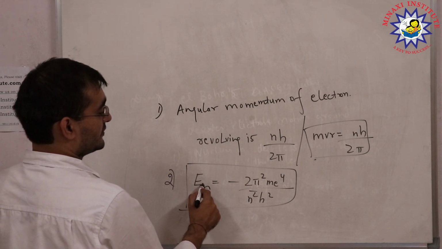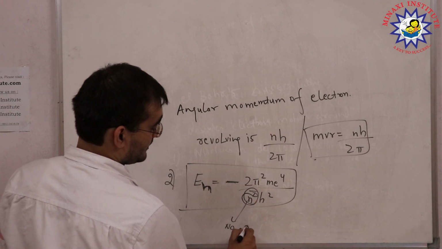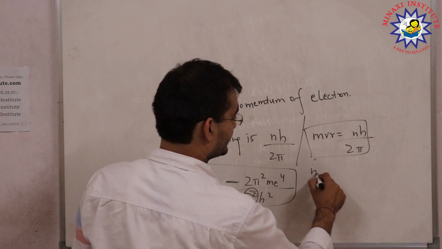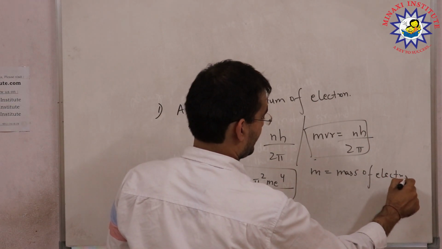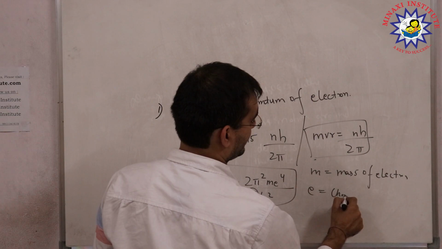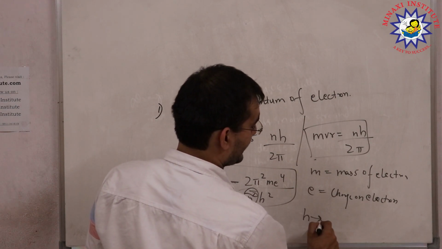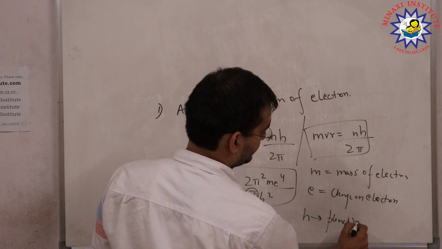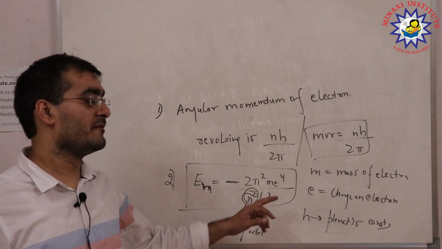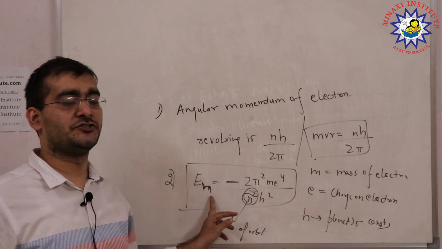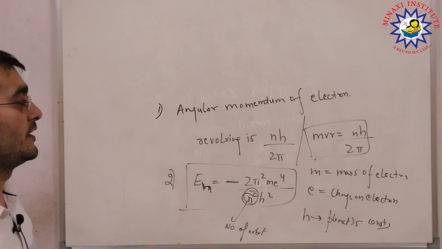Energy is always negative, with a negative sign. n is the orbit number, m is the mass of the electron, e is the charge on the electron, h is the Planck constant. Note it down. We will put all these constant values in this equation to find the energy of an electron revolving around the nucleus.